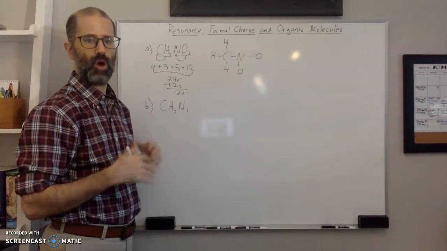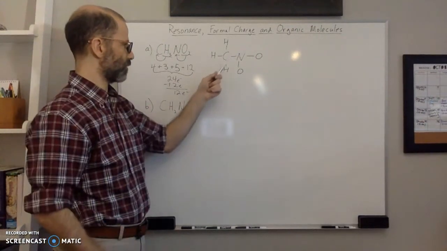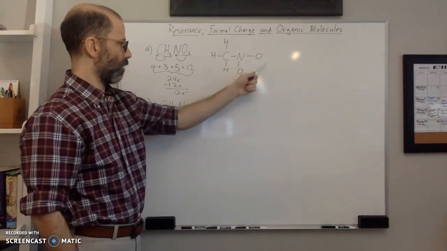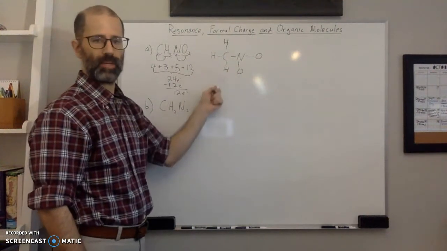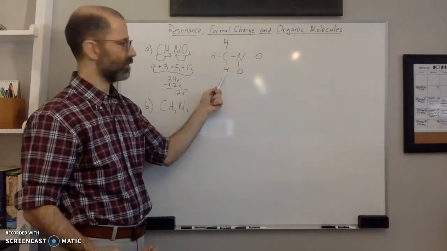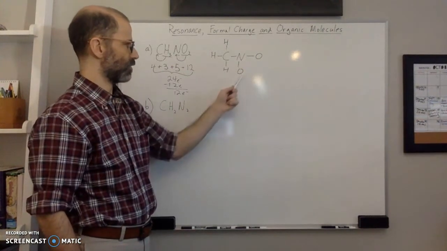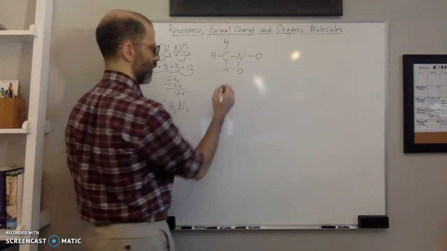Now, I have 2 central atoms, carbon and nitrogen, so my outer atoms are here. My hydrogens are okay because they only need one bond, so I'm not going to give them lone pairs. But my oxygens don't have an octet, so I need to give them lone pairs so they can have an octet.